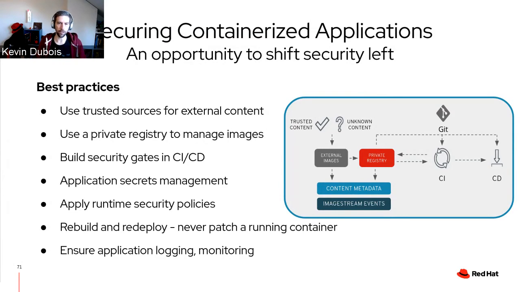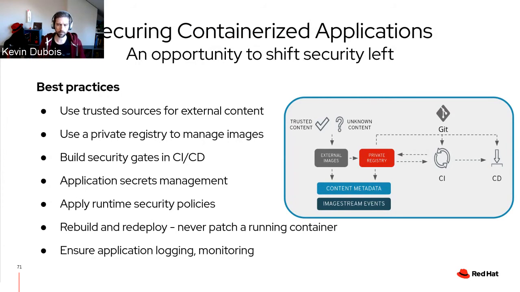So, building security gates in your CI/CD. As you're going through your CI pipeline, have a step to do analytics of your code, something like SonarQube. And then scanning of your containers, OpenSCAP testing and so on and so forth. That should be part of your CI/CD pipeline to get that feedback as soon as possible, as left as possible.